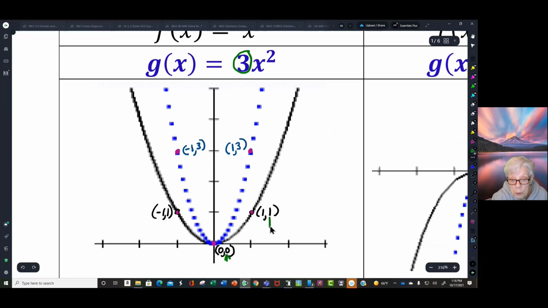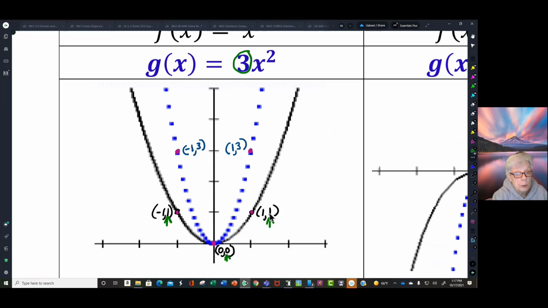And this 1 will be multiplied by 3. And this 1 will be multiplied by 3. So that 3 times 0 is still 0. So notice that both graphs share 0, 0 as a point in common.